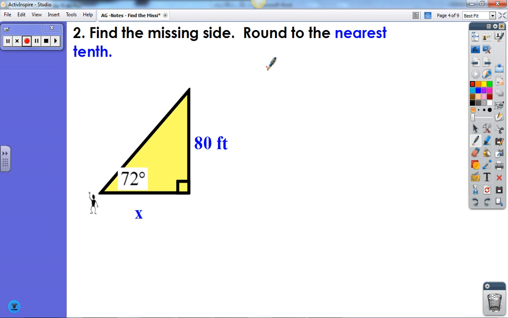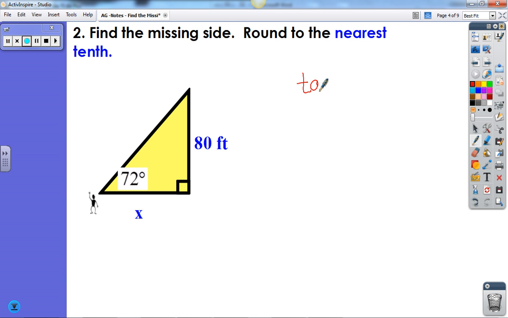It asked me to find the missing side, round to the nearest tenth, so essentially I'm doing the same thing I just did. I'm going to set this up based on what I'm given. Again, I have this angle, I have the opposite, and I'm looking for the adjacent. So I'm going to use tangent again because tangent is the trig ratio that uses opposite and adjacent.